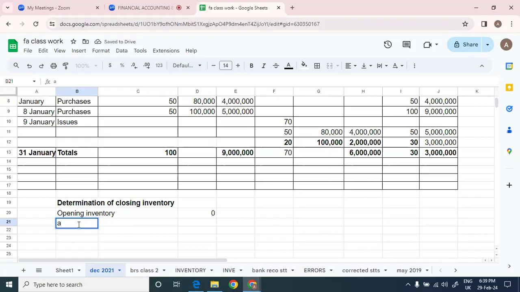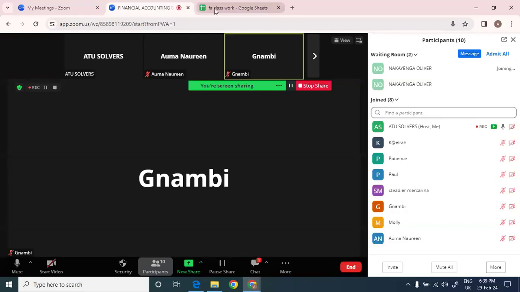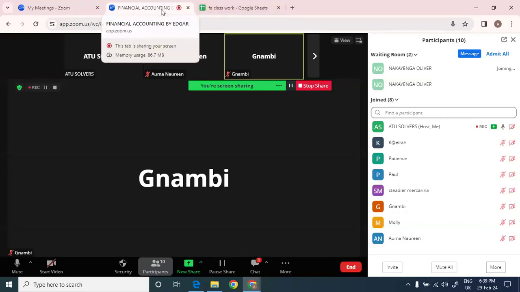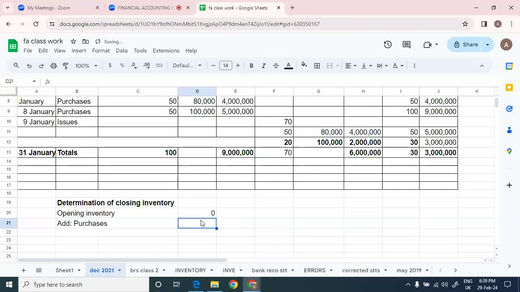We add our purchases. How much are our purchases? 9 million. When we get 9 million, we less what?